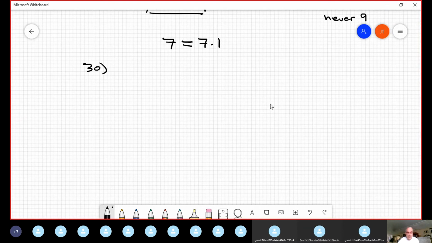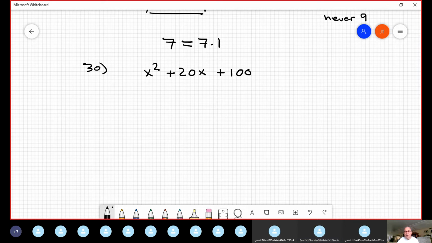Okay, 30. Problem 30 is x squared plus 20x plus 100. What kind of trinomial is it? Classification: special, perfect square, or regular? What do you think, guys? Let me see the chat.